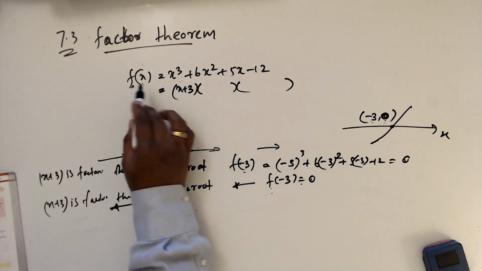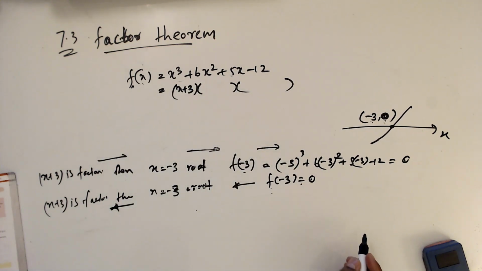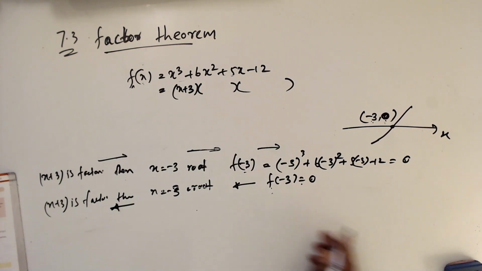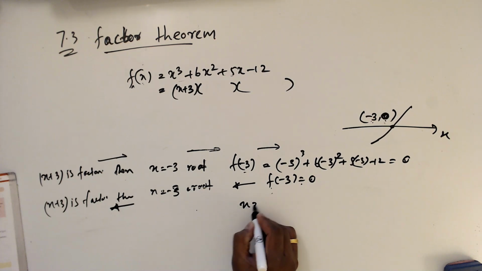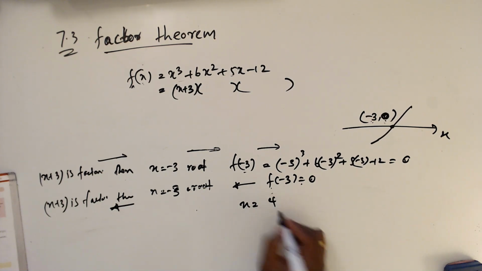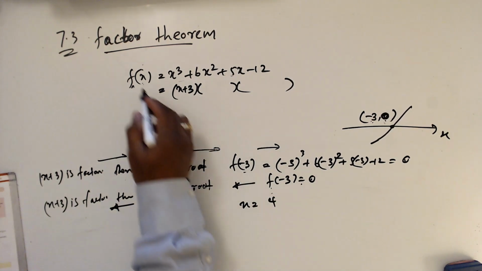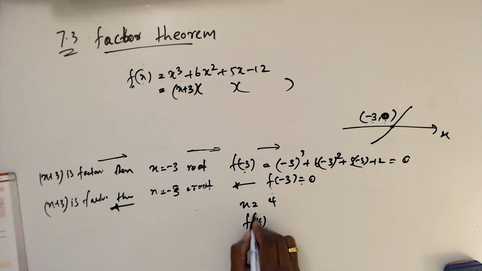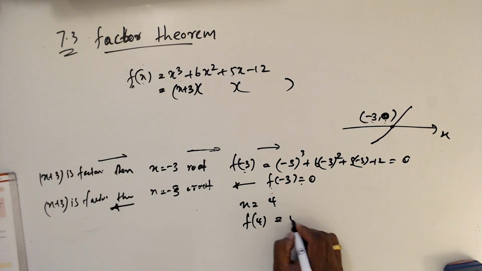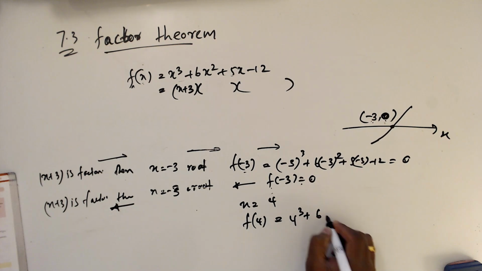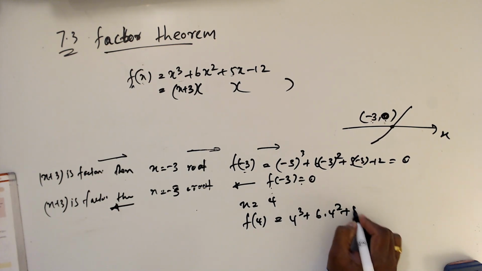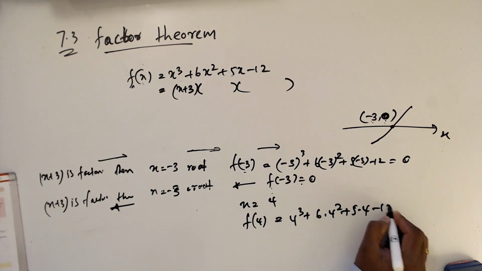So when you substitute, that value has to be 0. I'll put x equal 4. Then f(4) equals 4 cube plus 6 times 4 square plus 5 times 4 minus 12.